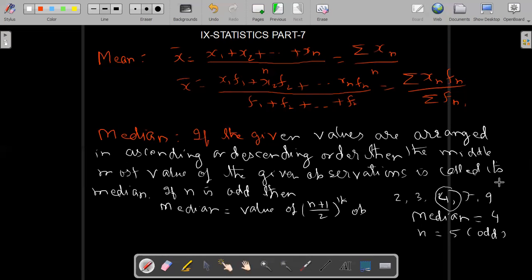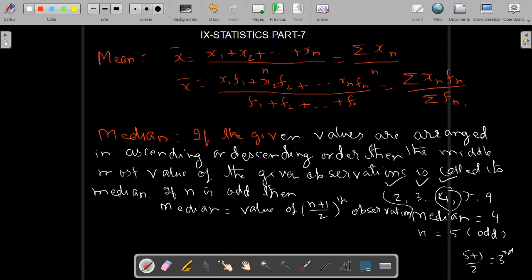Like here, 5 plus 1 by 2 is 6 by 2, that is 3. So the third observation, which is 4. Therefore, the median is 4.